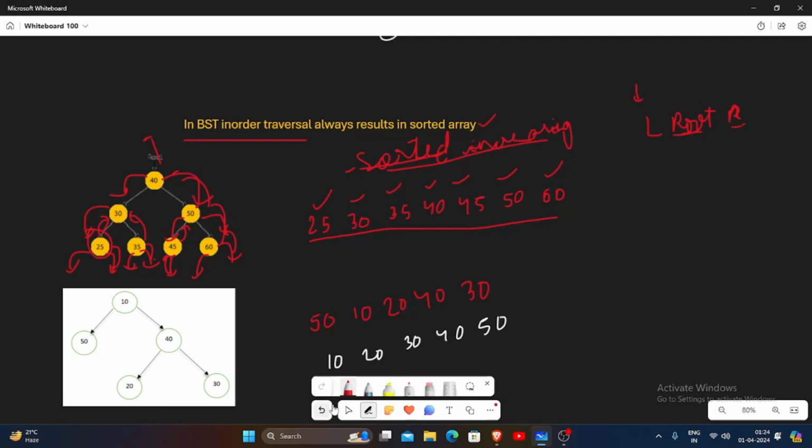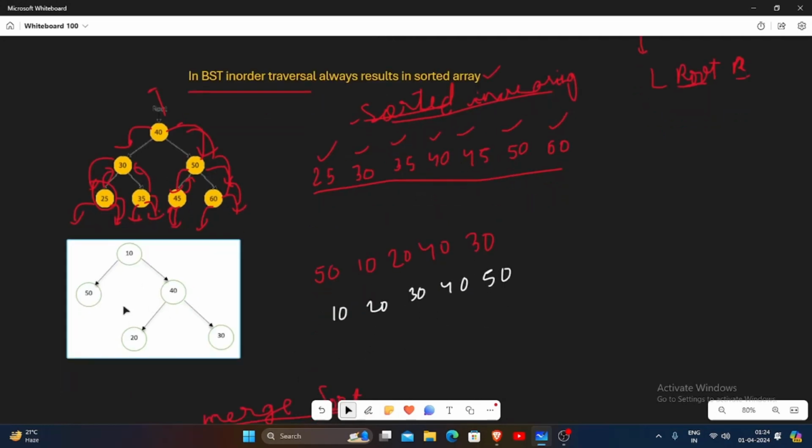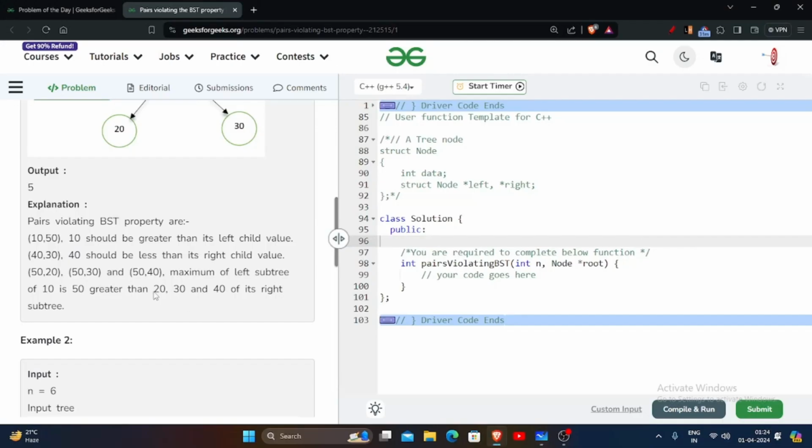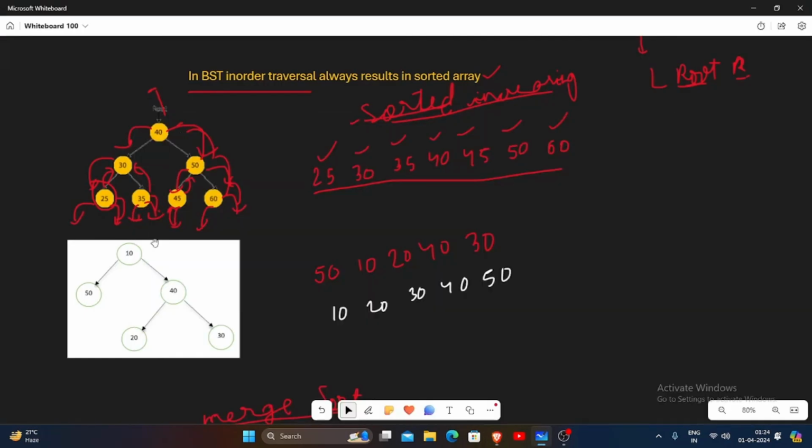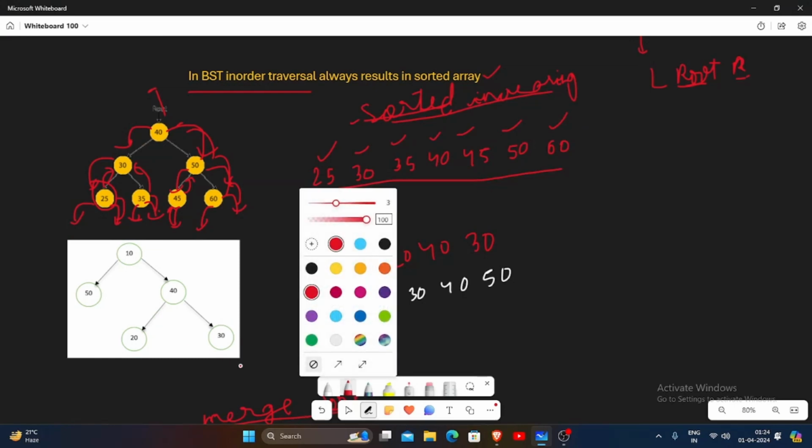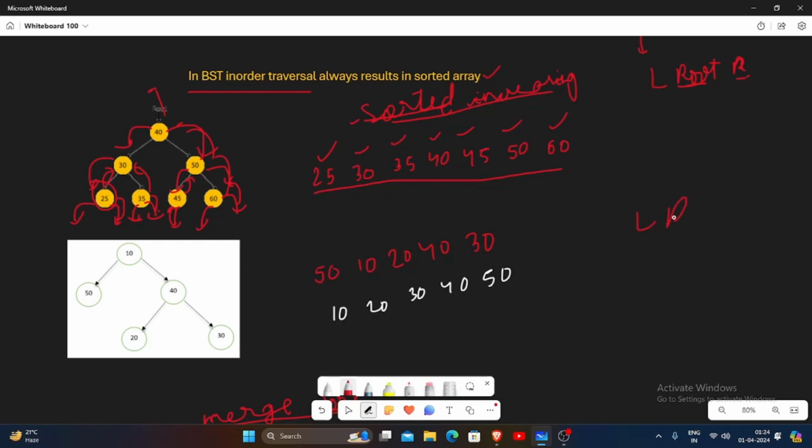Now this was the same example which we actually discussed for the number of pairs. So now let's print its in-order traversal. Again, the same thing will happen: left, root, right.